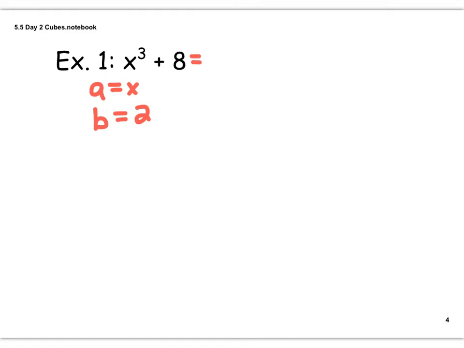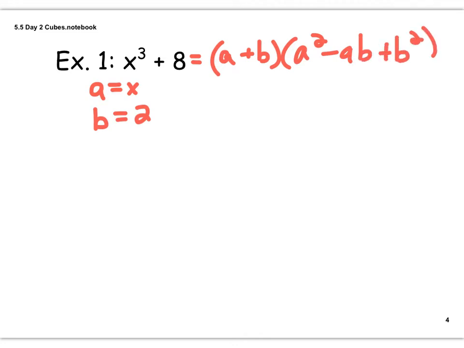So I would have A plus B inside of a set of parentheses in my formula, multiplied by A squared minus AB plus B squared. Okay? And let's change colors here because really I'm going to have right below that x plus 2 multiplied by A, which is x squared, minus AB, so 2x is how we write that in algebra.